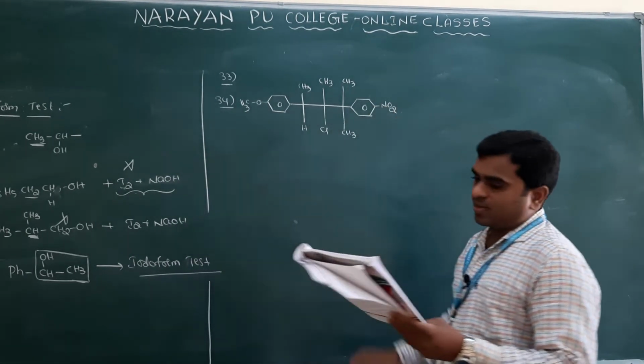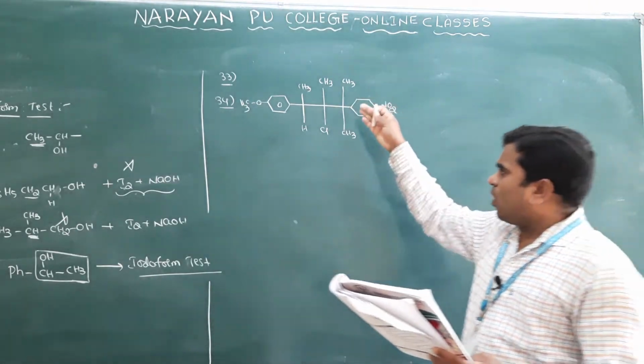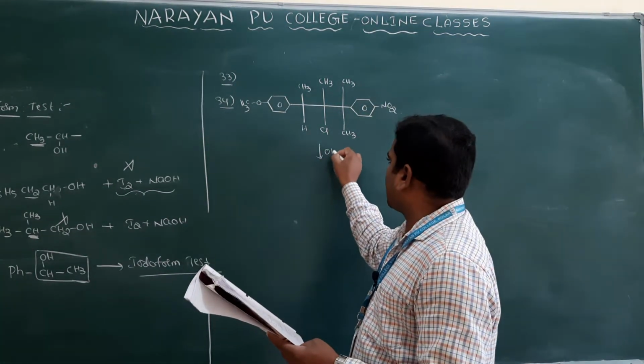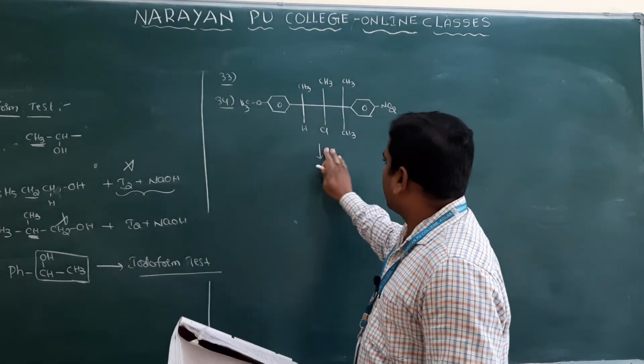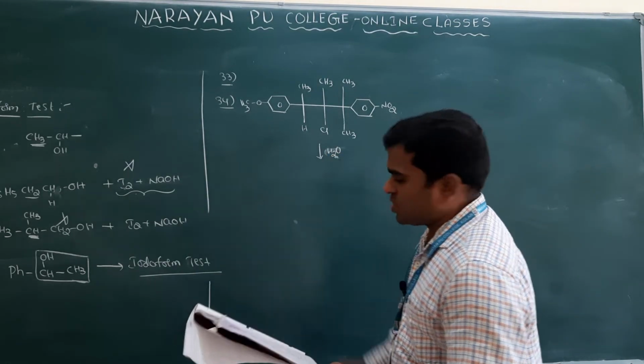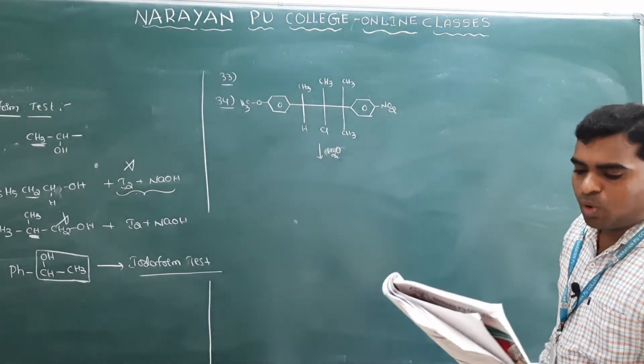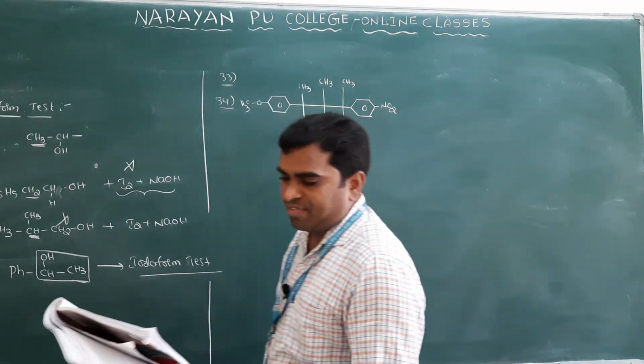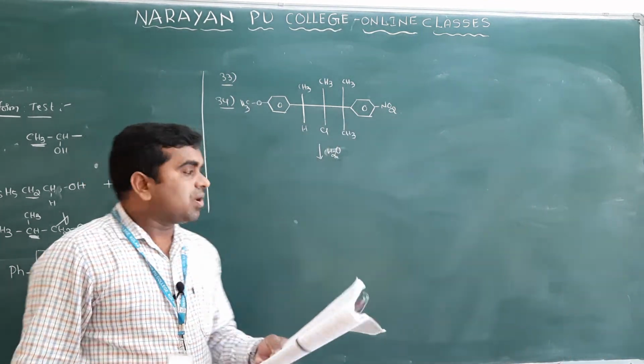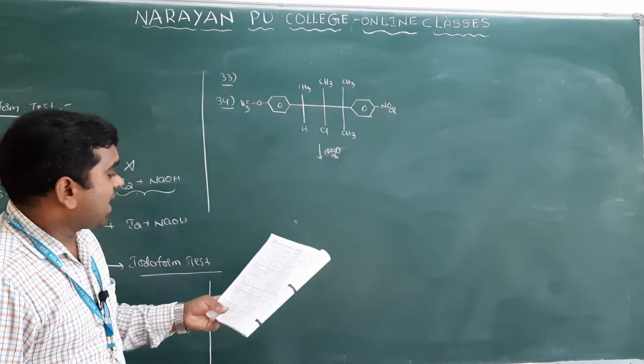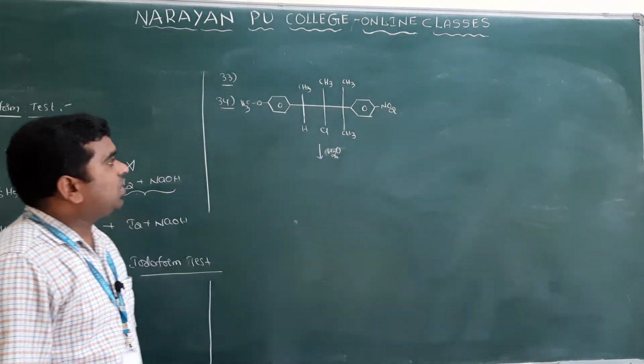This is the question. On hydrolysis means you have to do the hydrolysis with H2O. Now what is the product you will get? Three options they have given, K, L, M, like these big products. So what is the product you will get here?